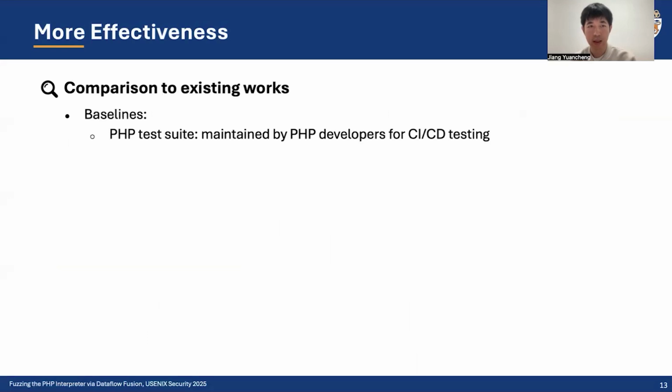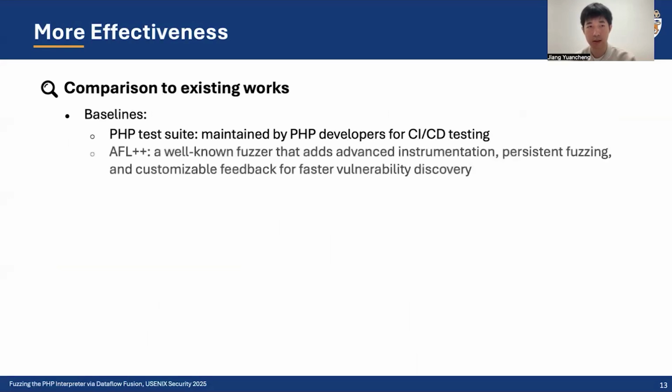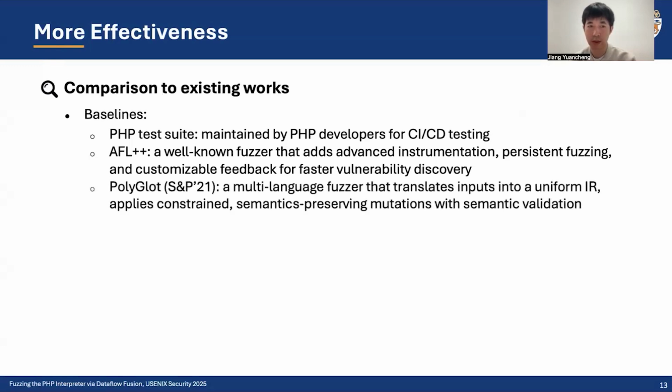Let's take a look at the comparison to existing works. Here are some baselines. The first baseline is the PHP internal test suite. It is maintained by PHP developers for CI/CD testing. Another well-known fuzzer is AFL++, which adds advanced instrumentation, consistent fuzzing, and customizable feedback for faster vulnerability discovery.